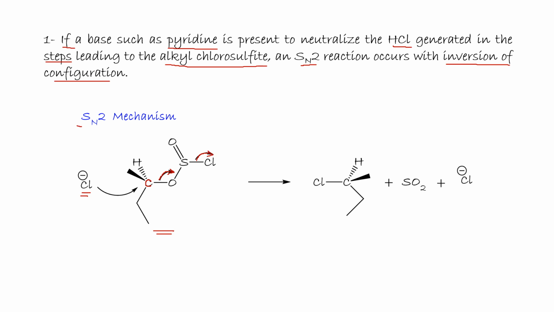Now this is SN2, and as you can see clearly that inversion did occur during this reaction. Cl is coming from the back, leaving group is out. Here is going to form a double bond and Cl is out. SN2 mechanism.